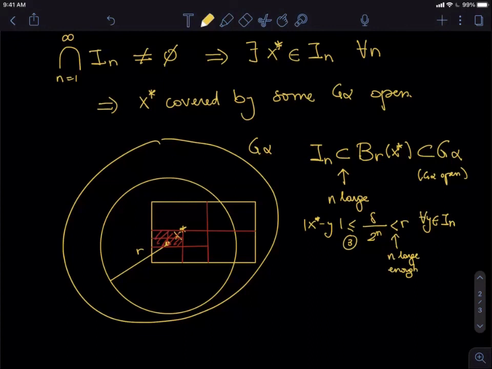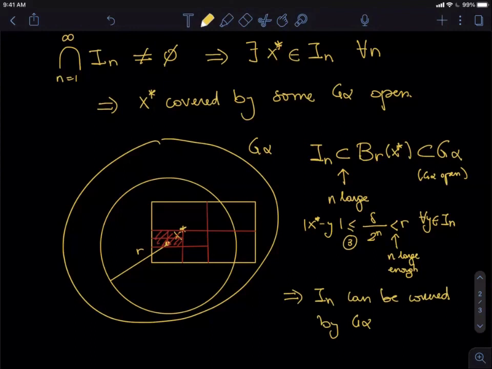So what is our conclusion here? Our conclusion is that IN can be covered by a G alpha. It's not that it's covered by a collection, it's just covered by one of the G alphas.